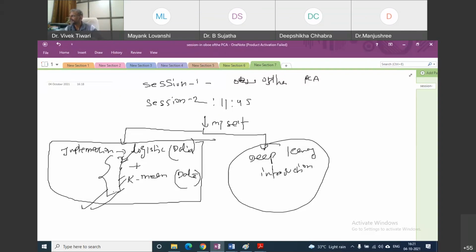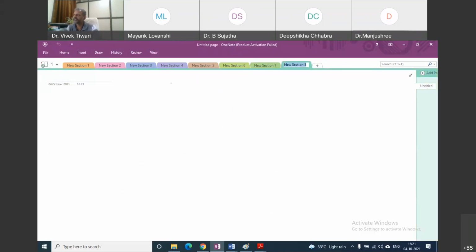Okay. A couple of people are writing about deep learning. So I have one answer about deep learning. All the participants, please focus here. If you go to the portal where you have registered, there are 2 FDPs with the same name, Robust AI. You didn't see part 1 and part 2.